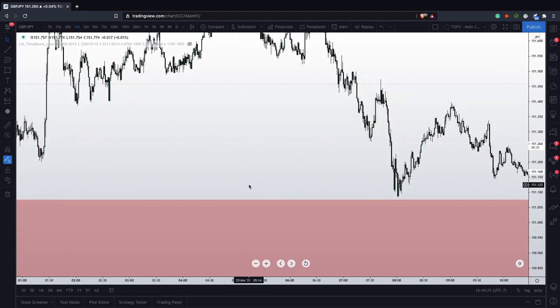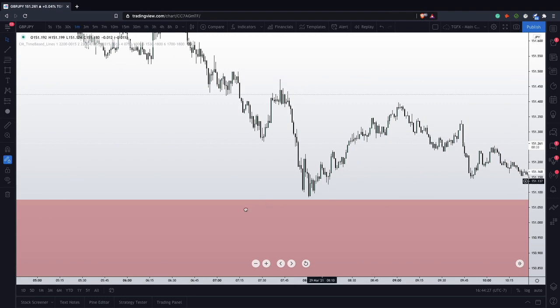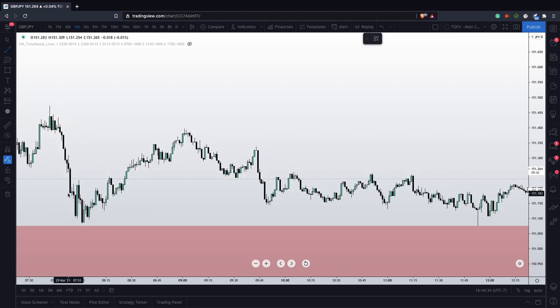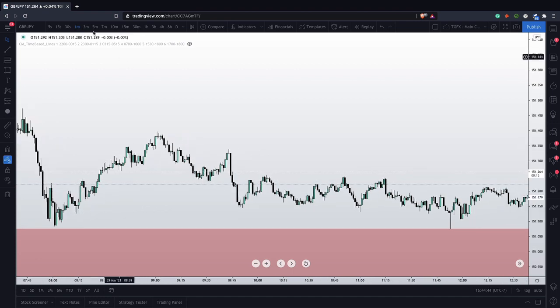Okay, so here's the first time price came to the level. And what I want to ask you guys is, did price break any trend line here? Is there any trend line we could have drawn here? And also, this is actually the 1 minute.